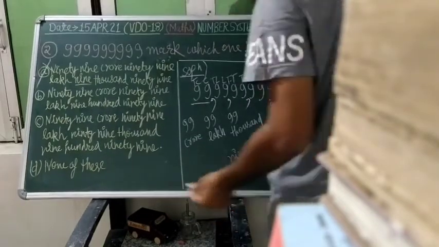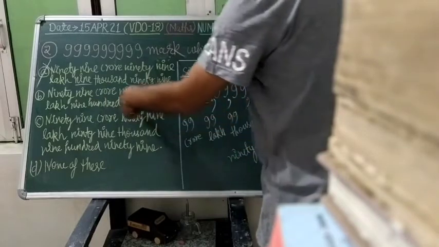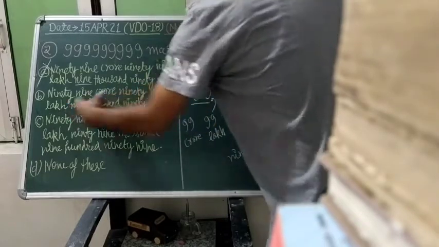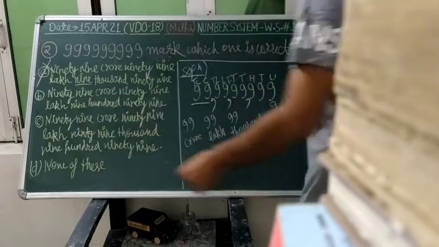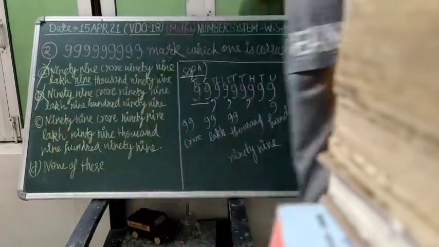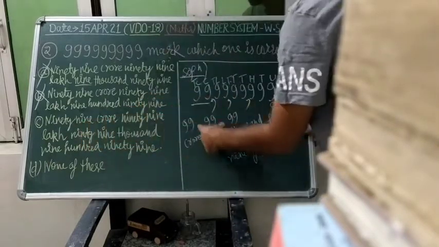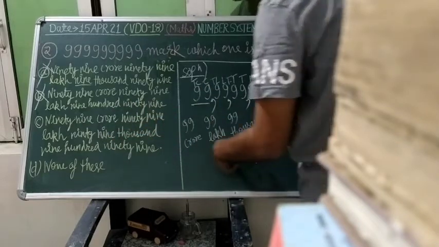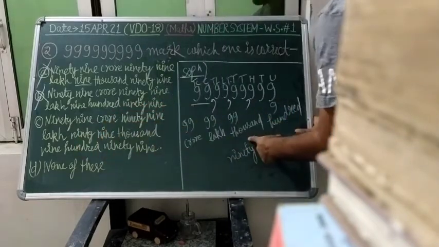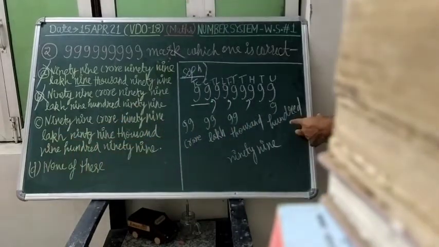Check the second one. 99 crore, okay, 99 lakh, okay, 900 they have written, so it will become wrong. Here 99 crore, 99 lakh, 99,000, okay, 999.